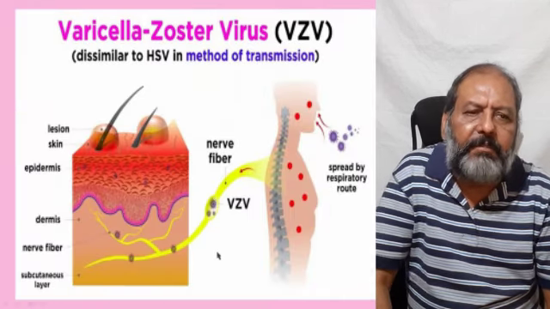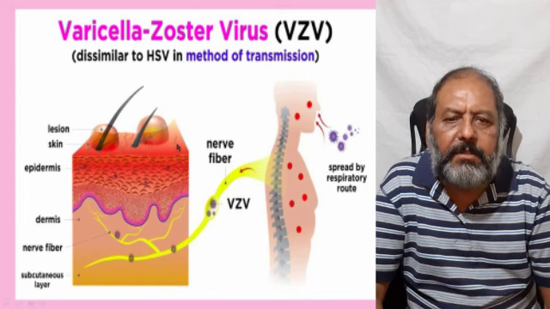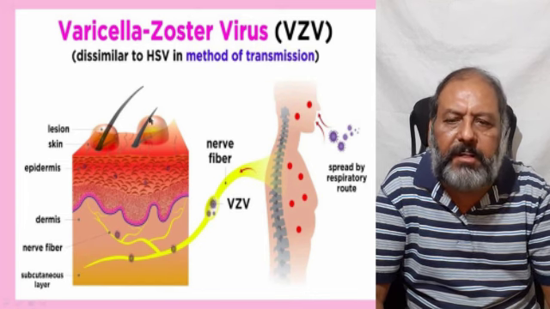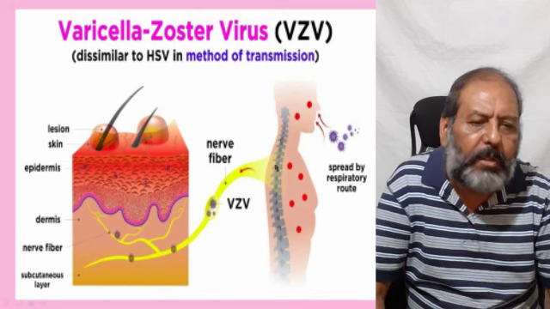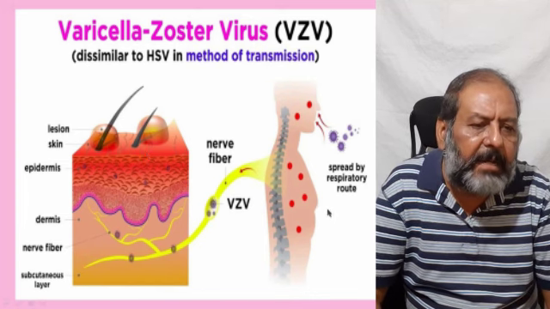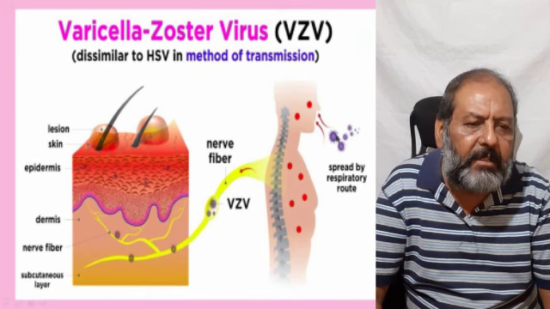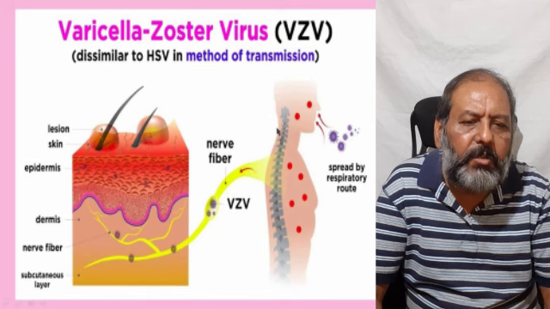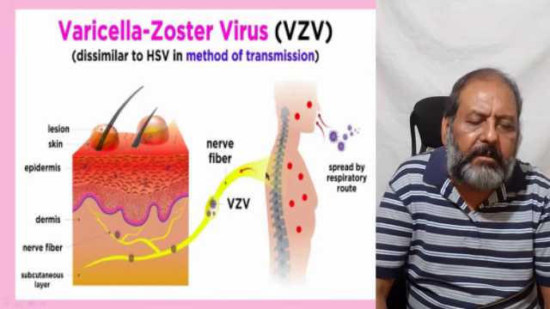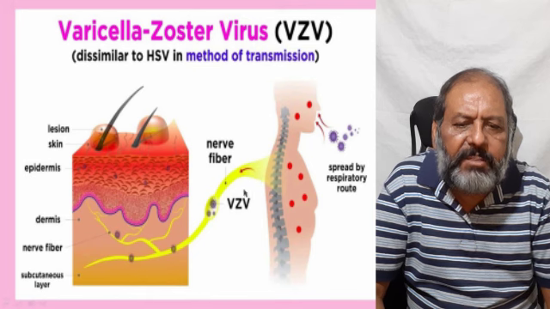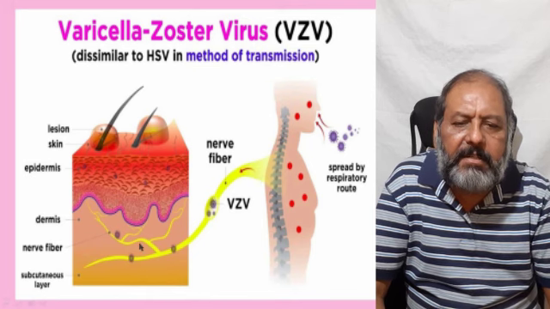So here, varicella zoster virus is similar to herpes simplex virus in method of transmission, and as one can see, it spreads by the respiratory route. A person inhales these viruses through the droplets, and these viruses go to the sensory nerve fiber of the patient, and then go to the skin.